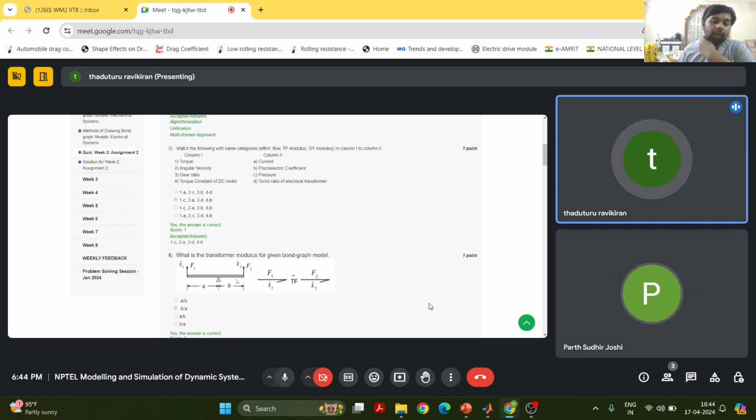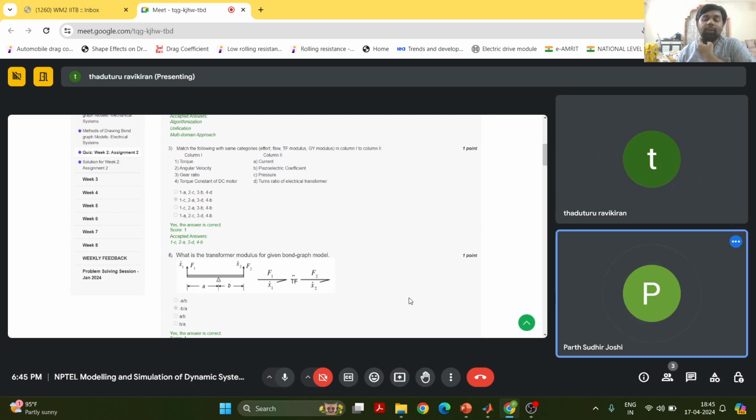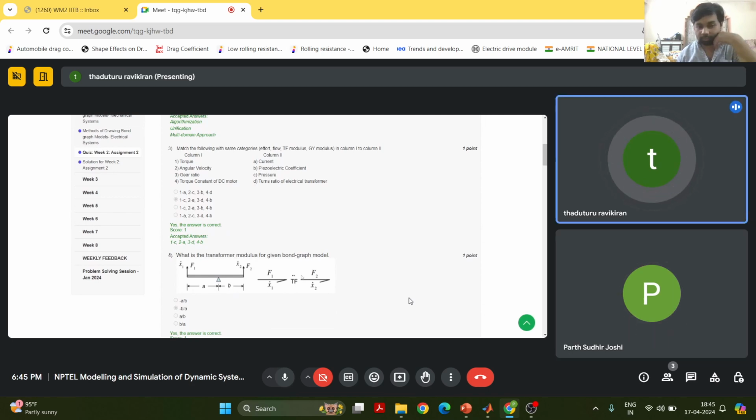In general, when we calculate the transformer modulus, how do you take this ratio? Here it is a kind of leverage problem. When you put this b by a ratio and the sign, how would it be taken? It would be useful if you could explain that.